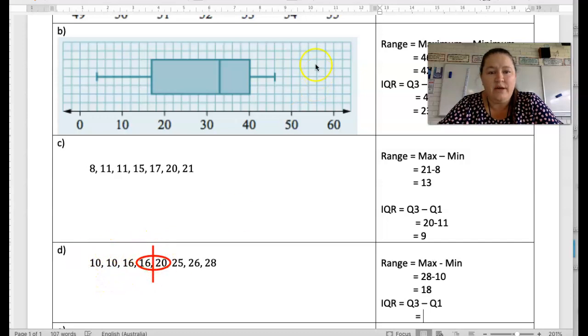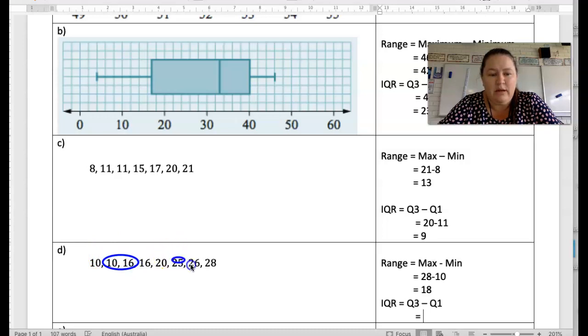Now to find the lower and upper quartiles, because we've got this line down the middle here, we've got 4 bits of data in the bottom and 4 bits of data in the top. To find the lower quartile, we need to find the middle of 10 and 16.